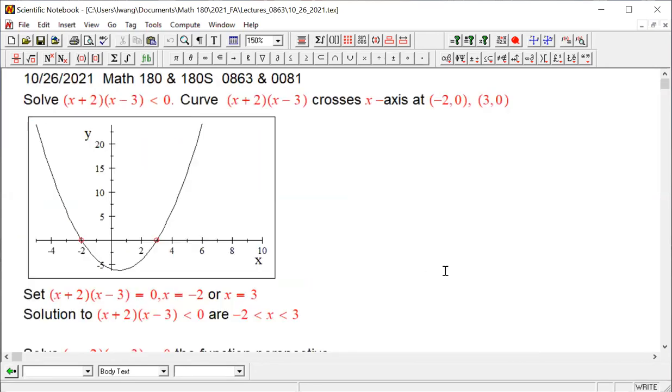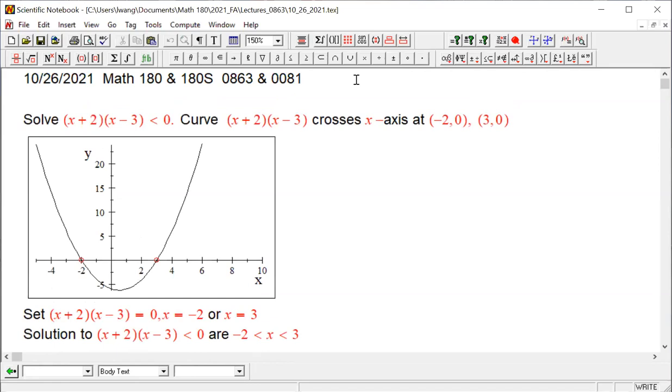But the method we talk about today, the function perspective, as I said earlier, I would say it should have been taught more, especially with today's advanced technology and the availability of graphs. But that's why I bring this up.